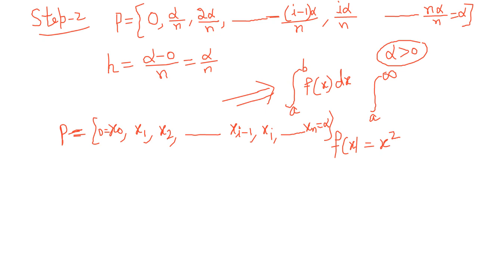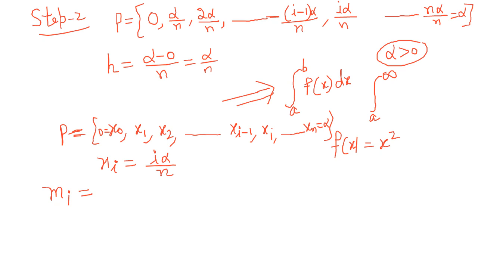So what is xi here? Xi is your i alpha upon n. Now find mi, small mi. What will be small mi? Yes, what is small mi, Nikhil Kumar?